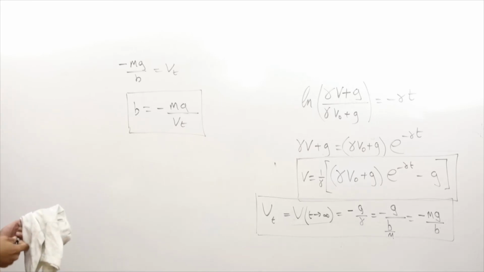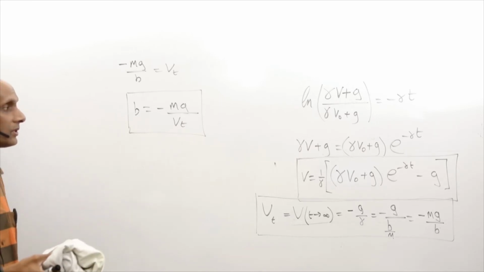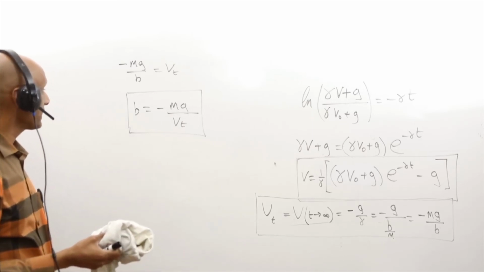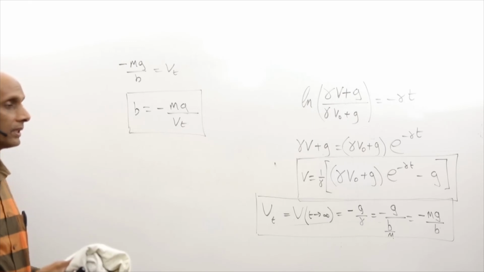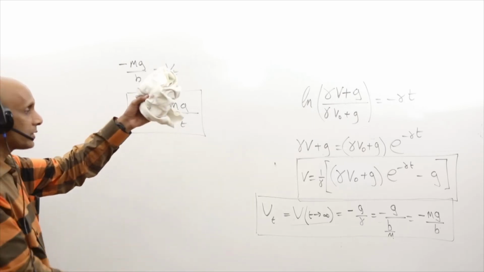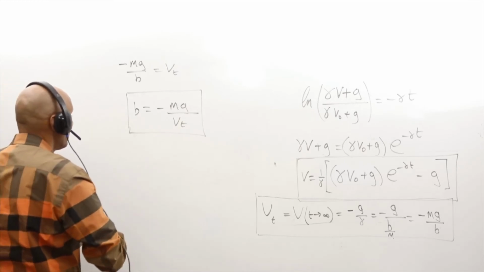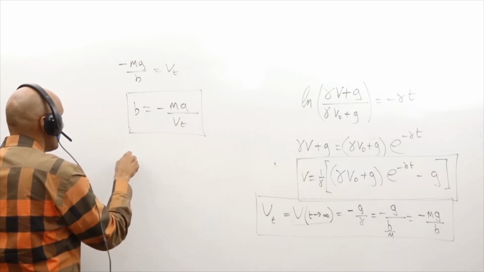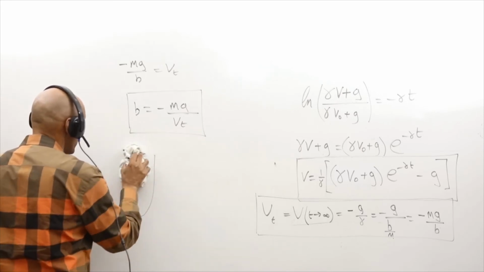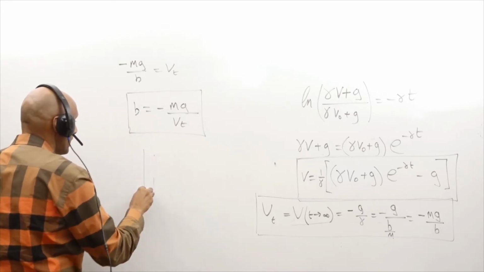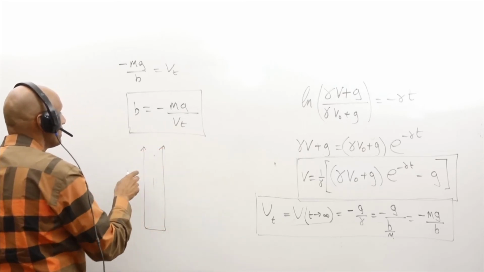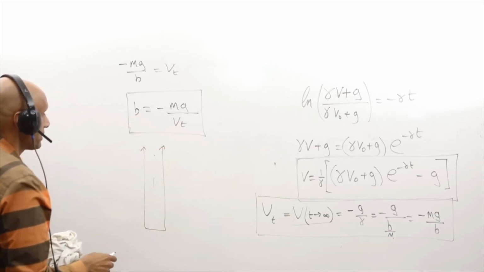So all we have to do is drop an object. For example, if I'd like to calculate b for some object falling in water, I can take a large graduated cylinder. Imagine that I'd like to measure the resistance of an object in liquid.